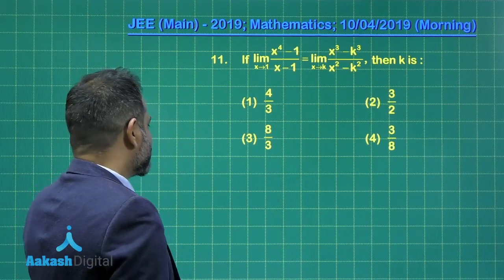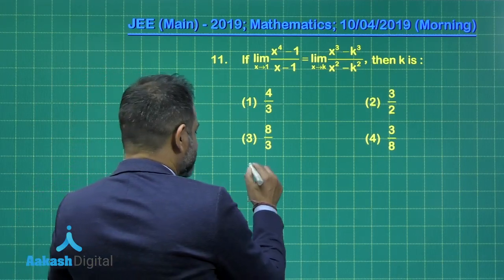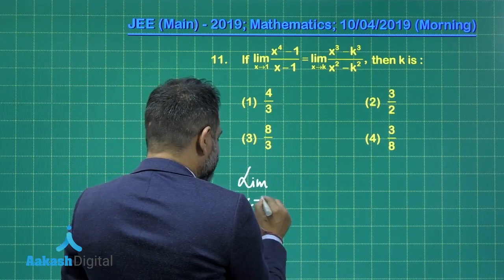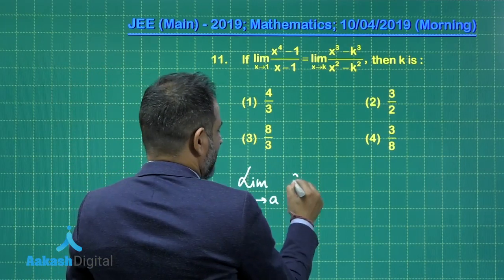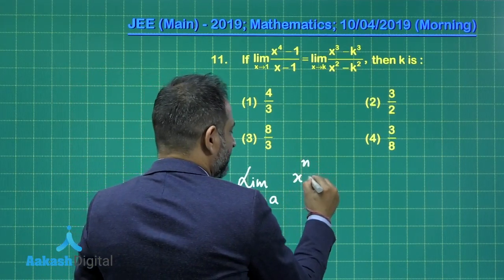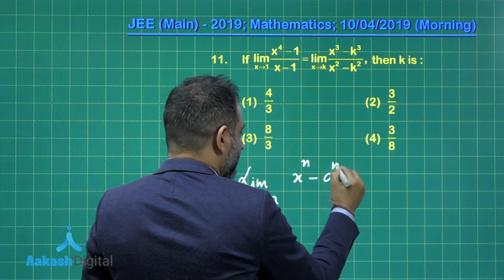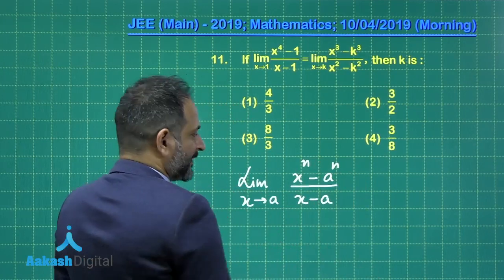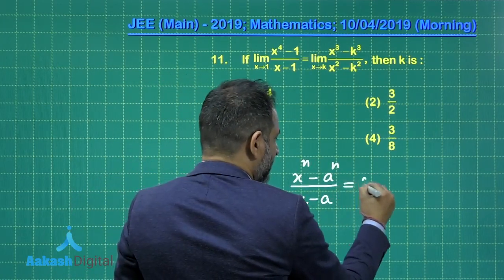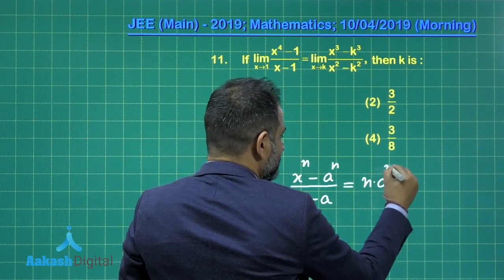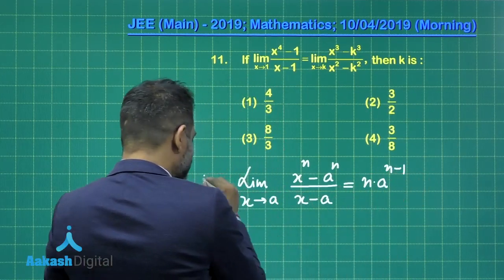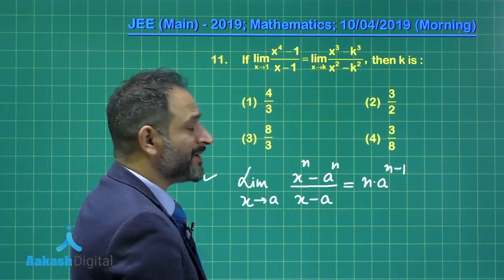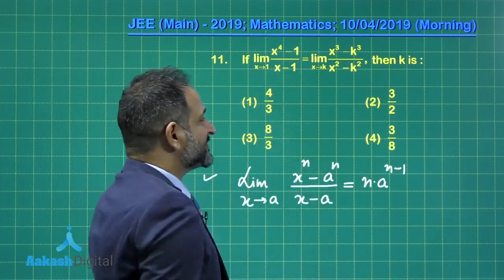Now this is actually related to a very standard result, that is limit x tending to a of x raised to the power n minus a raised to the power n upon x minus a is equal to n a raised to the power n minus 1.